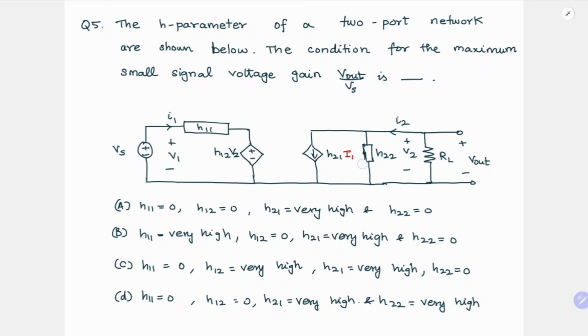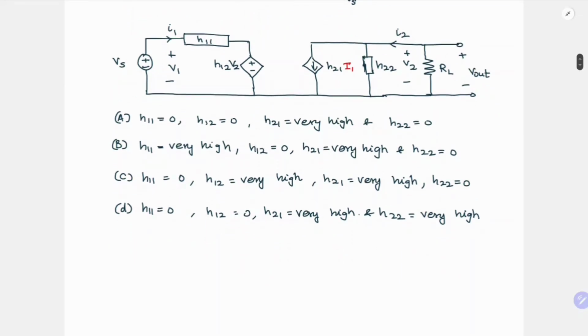From the circuit itself, you can directly write out the H parameter equations. So your V1 is equal to I1 H11 plus H12 V2. Similarly, on this side you have I2 equal to H21 I1 plus H22 V2.